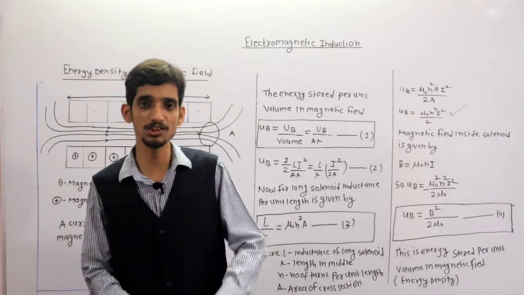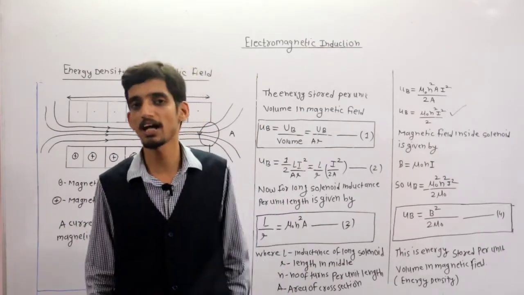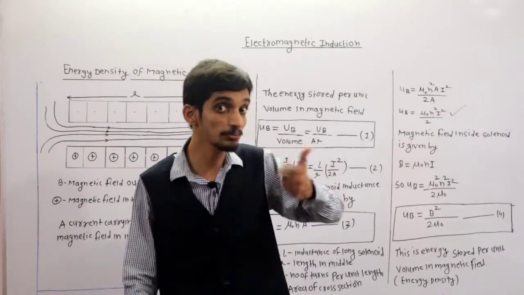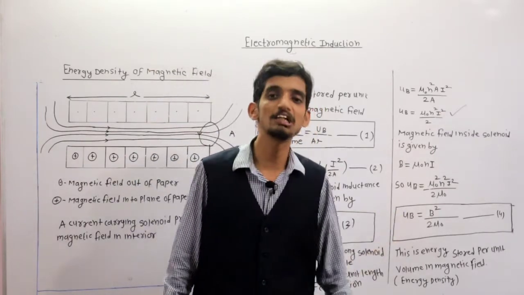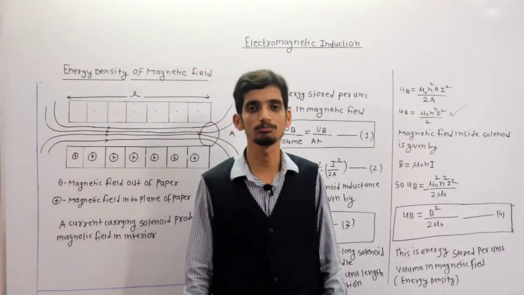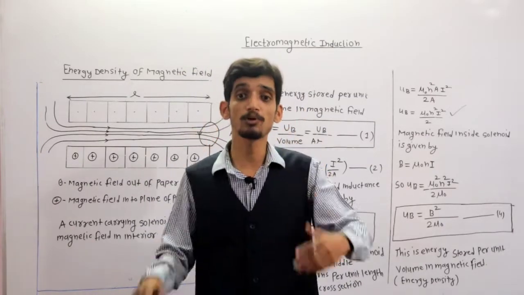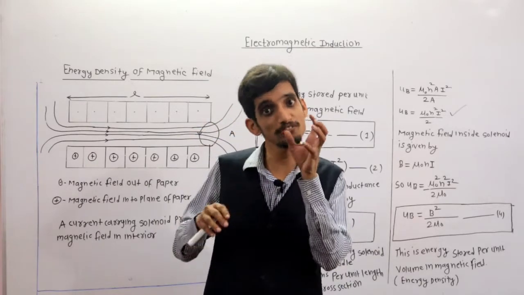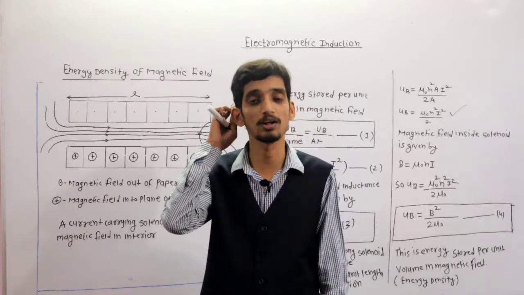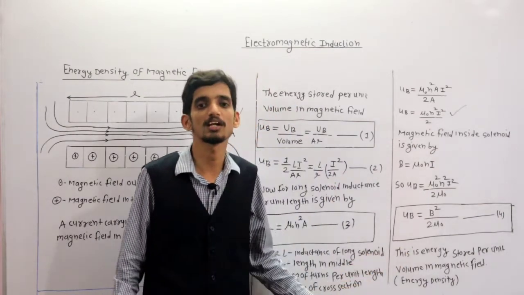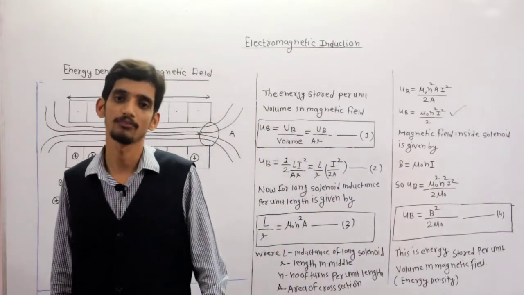Clear? So in the previous lecture, the final formula that I gave you, B square by 2 mu naught, its derivation we did in this particular lecture. Clear? That time I wrote only the formula, but from where does that formula come? In this manner the formula is derived.